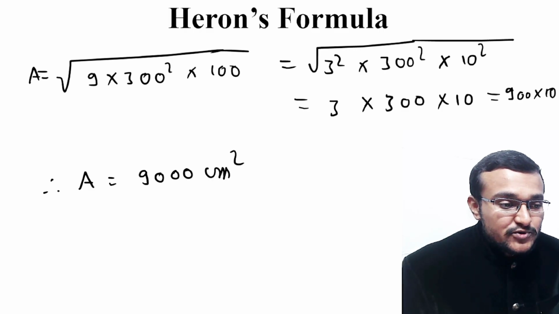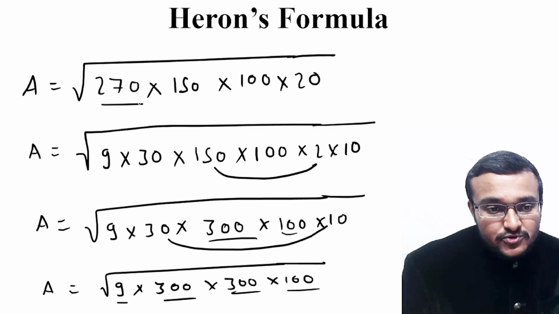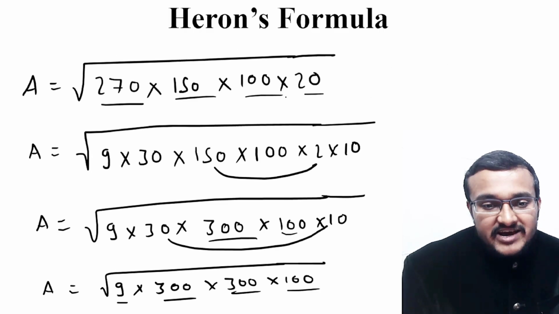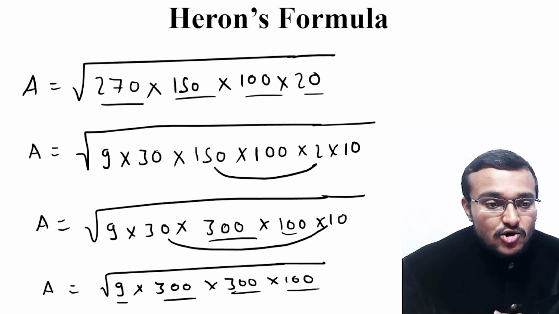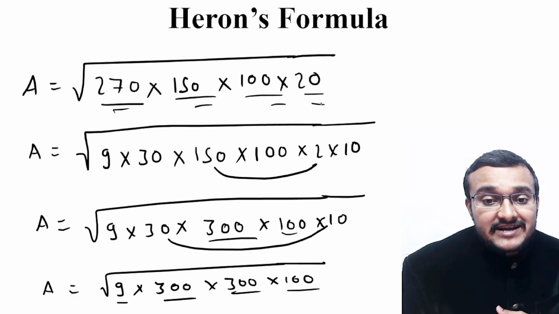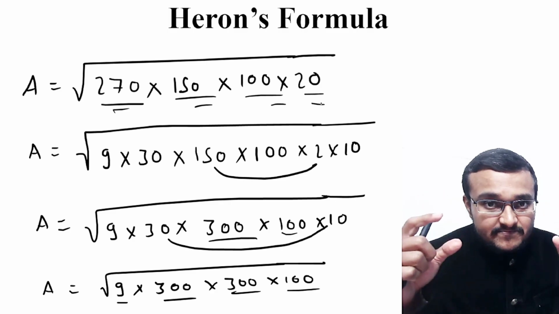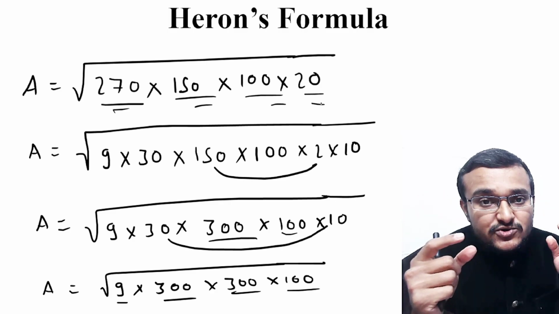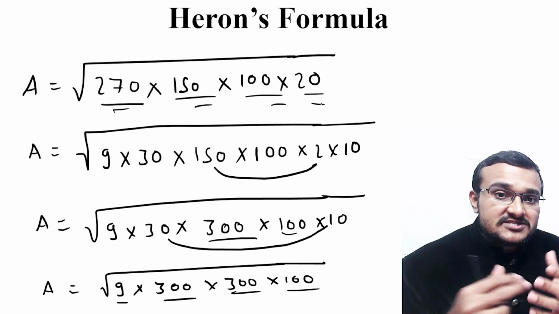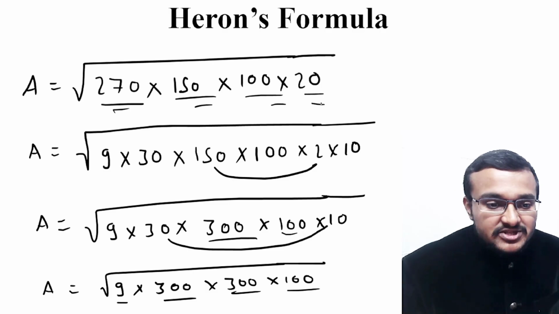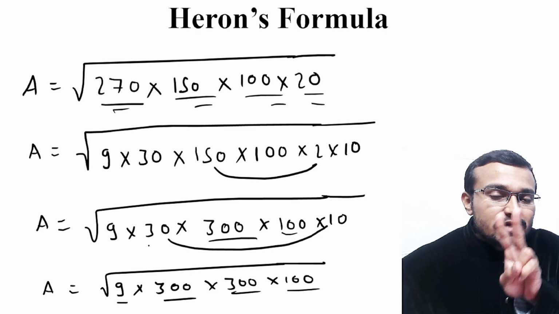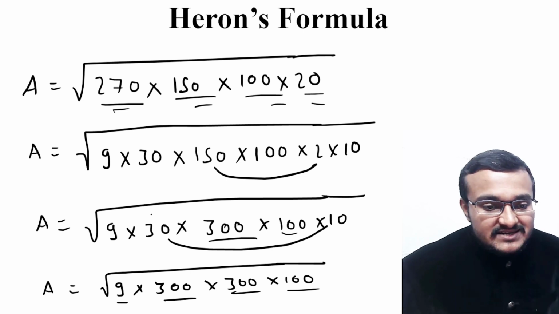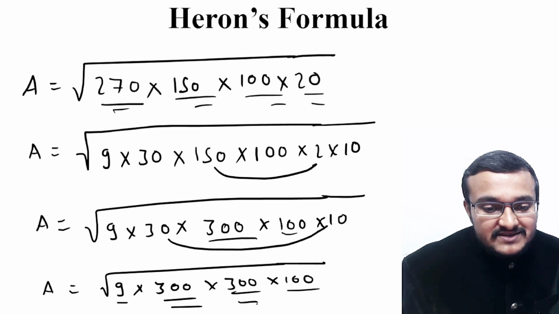The reason I am doing it like this is that if you try to multiply all these values, it takes a lot of time. And after multiplying all these terms, you have to find the square root of that bigger term, which again will consume a lot of time in your exams. That's why I'm splitting this in such a way that I get two equal numbers, like 300 and 300.